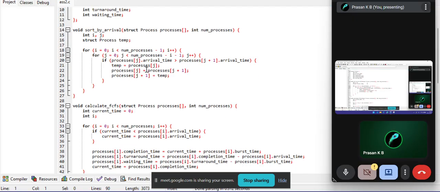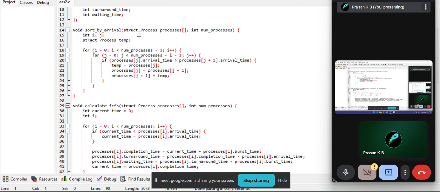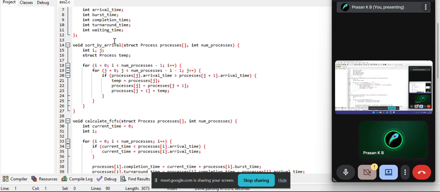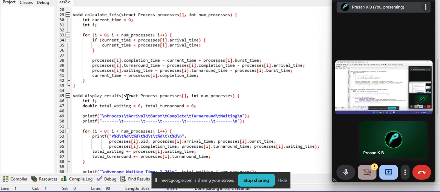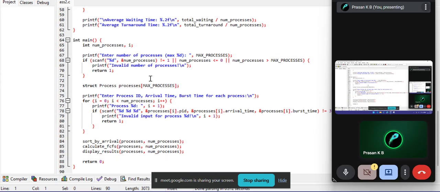Here you can see the code. I have created different functions for this: sort by arrival, calculate FCFS, display results, and int main, int num processes. Here the actual code starts.